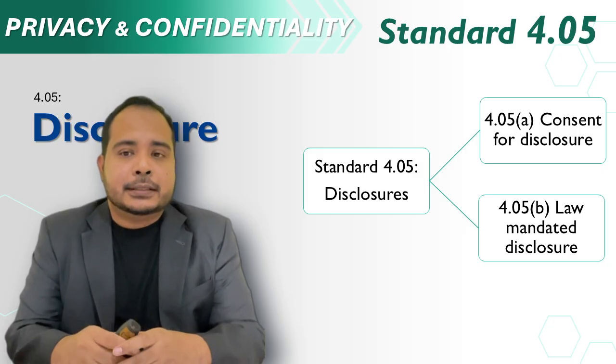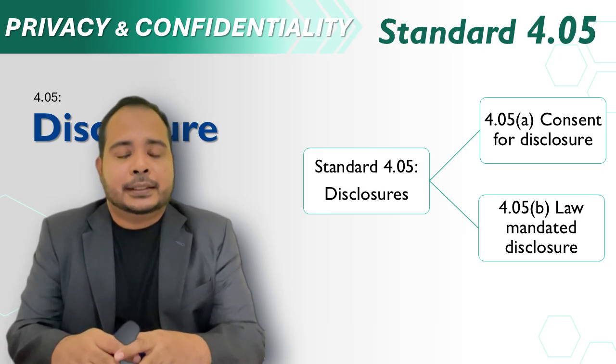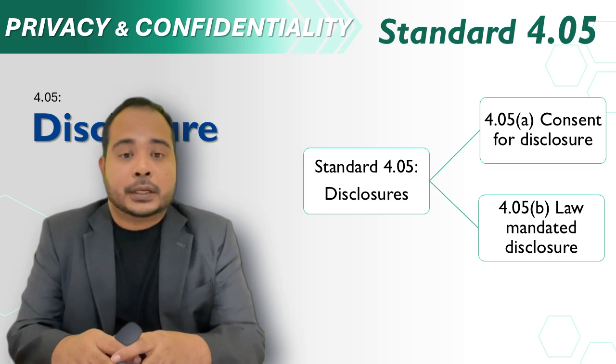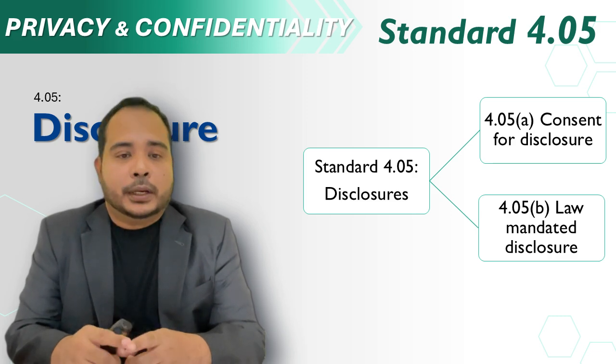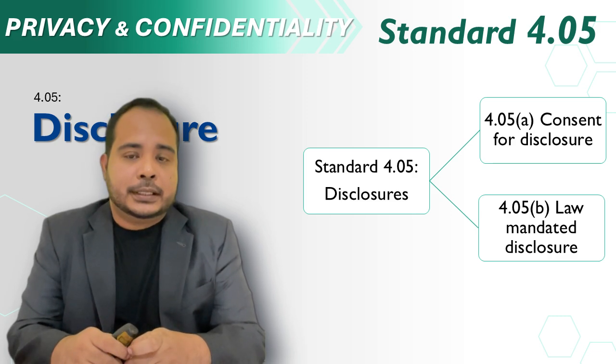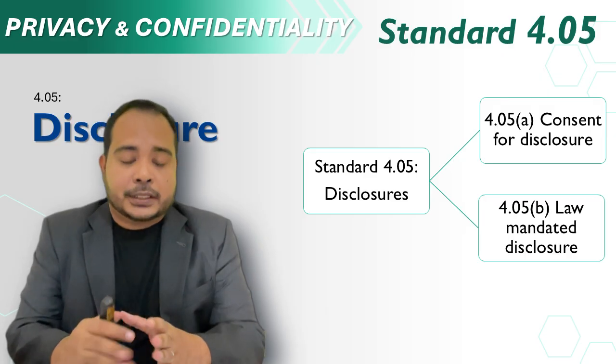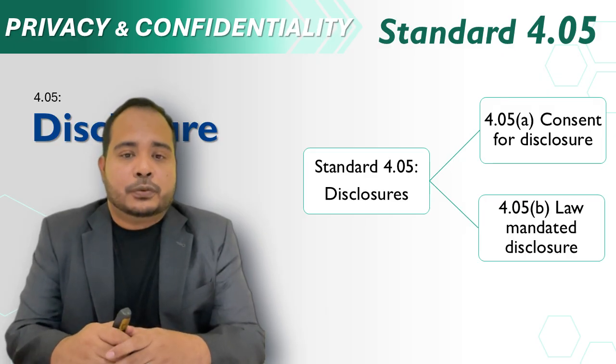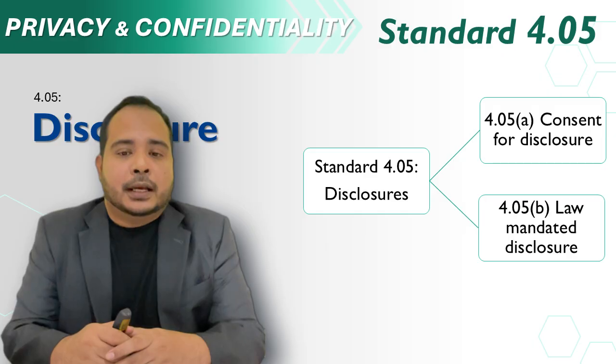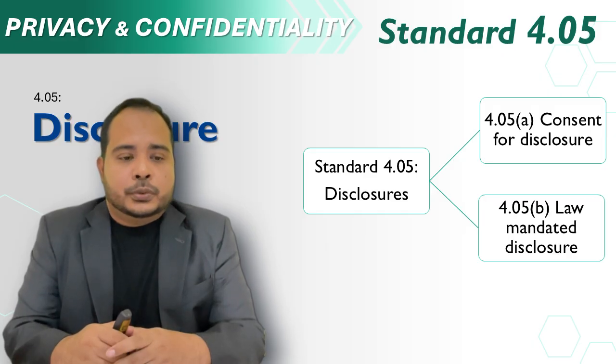These standards balance two ethical priorities in psychological practice. One, protecting client privacy, and at the same time fulfilling professional, legal and safety obligations. As a practitioner IO psychologist, we have to balance both of these important aspects.